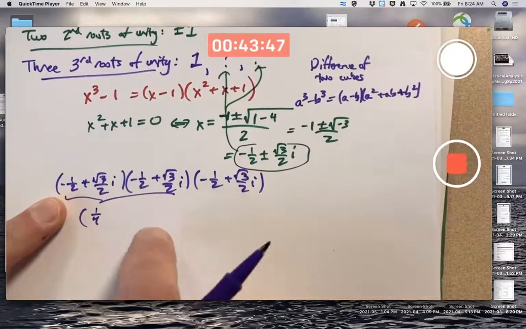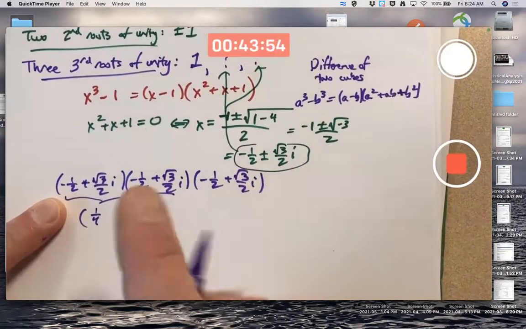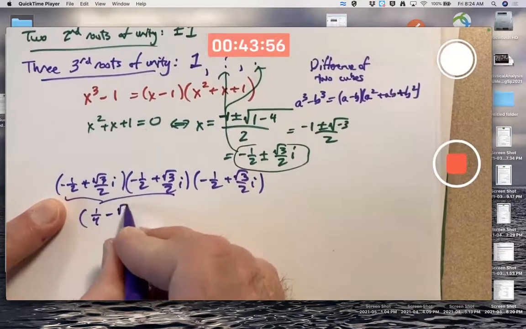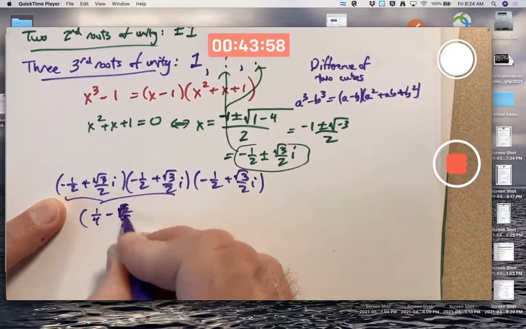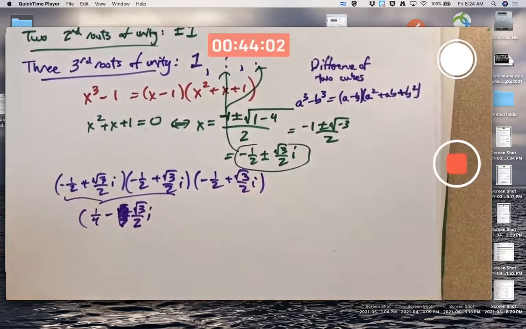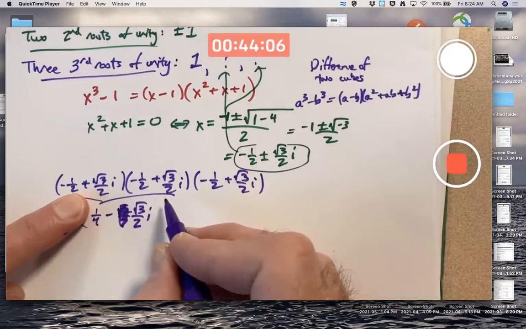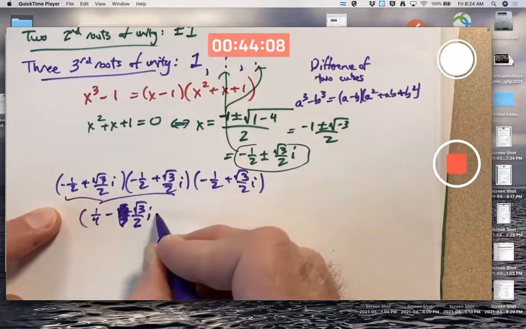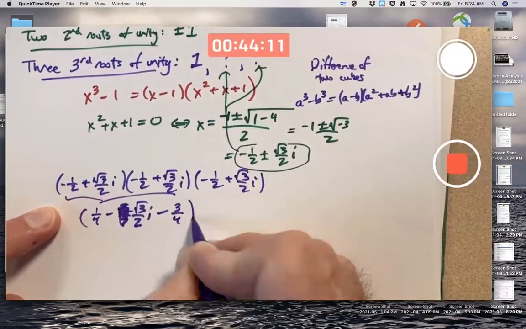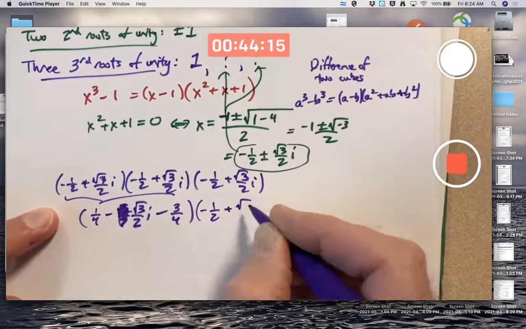Outside and inside terms are the same. They're both -1/2 times root 3 over 2, which is minus root 3 over 4. Two of those gives you minus root 3 over 2, with the i's still in there. And then root 3 over 2 i times root 3 over 2 i is going to be minus 3/4. Right? Because i squared is -1.